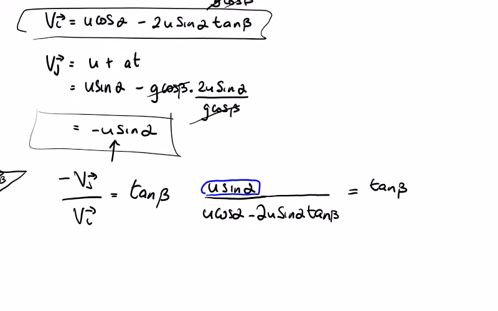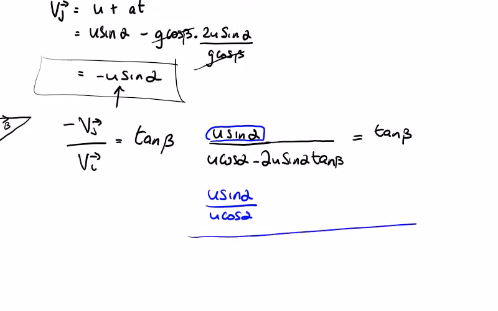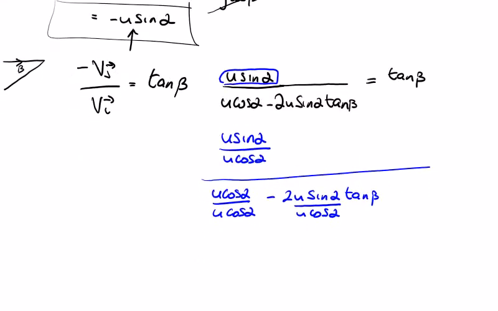So if we divide everything by u cos alpha, we get u sine alpha over u cos alpha, that's going to give me tan alpha, over u cos alpha over u cos alpha minus 2u sine alpha tan beta over u cos alpha, which should enable us to simplify everything.